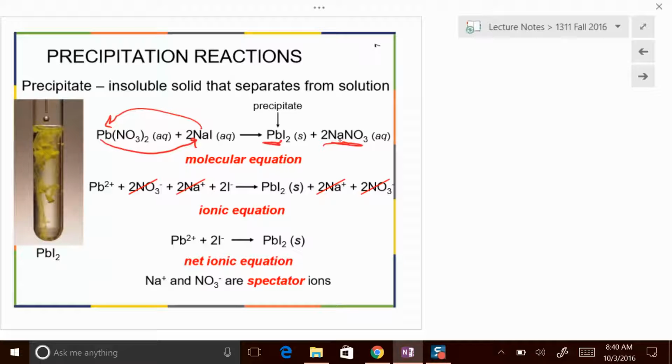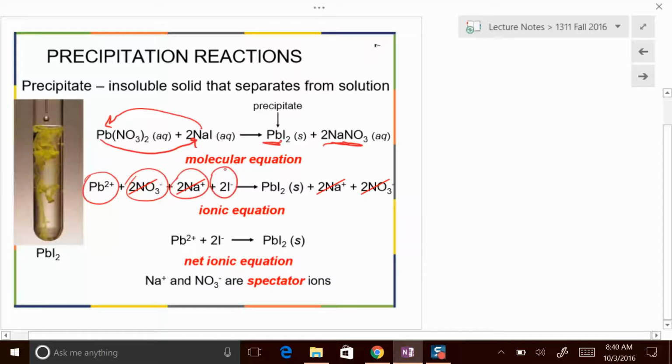So these are the only two potential products that I could get. Now, what I have to ask myself is, are these both actual products? Here is the molecular equation. I figure out what the potential products are. Then I break it up into its complete ionic equation. I break everything apart into its ions: lead, nitrate, sodium, iodide.